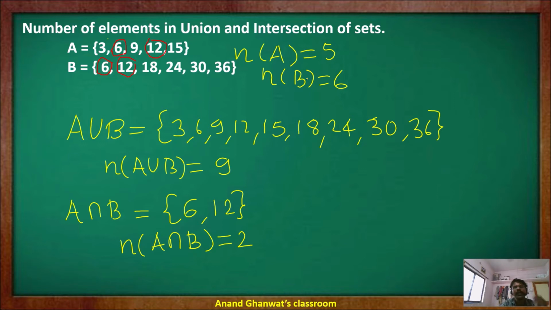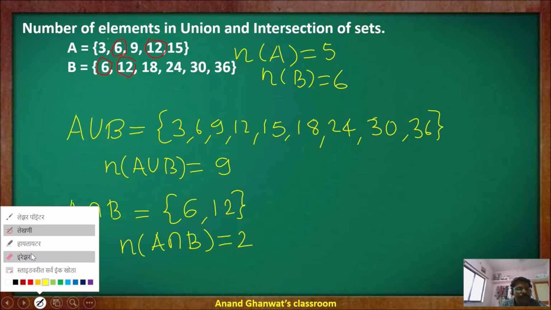Now we have found n of A, n of B, n of A union B and n of A intersection B. Let us find the relation between them.